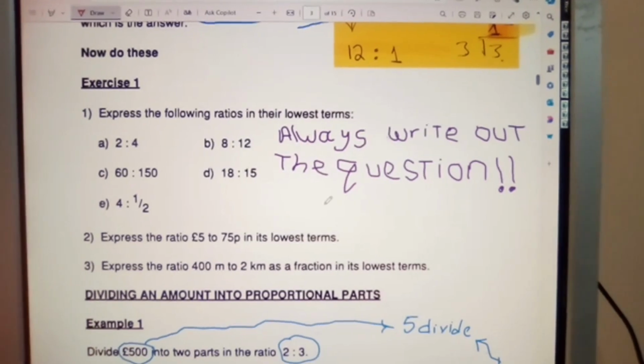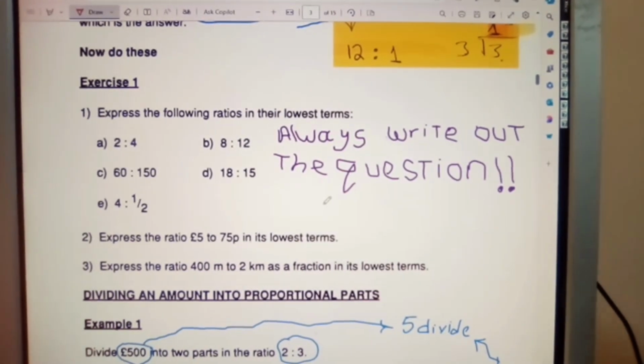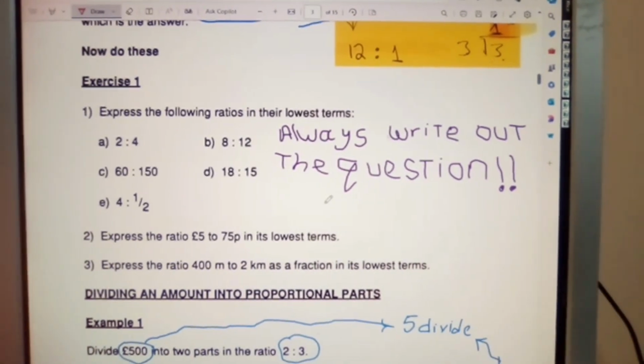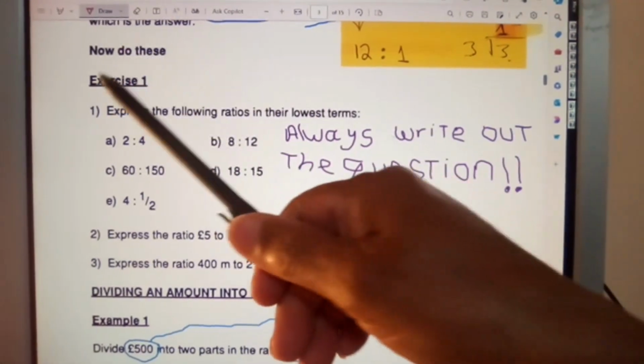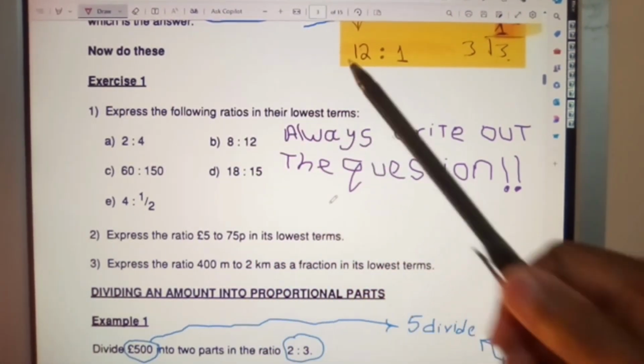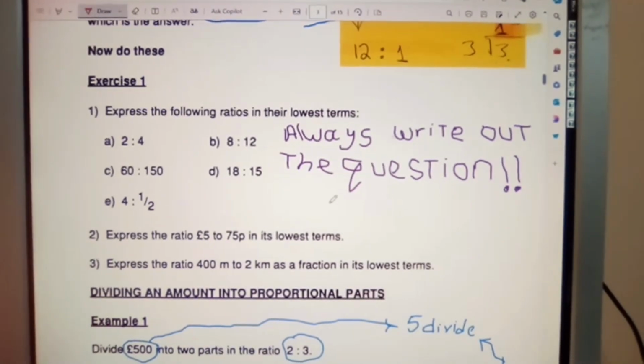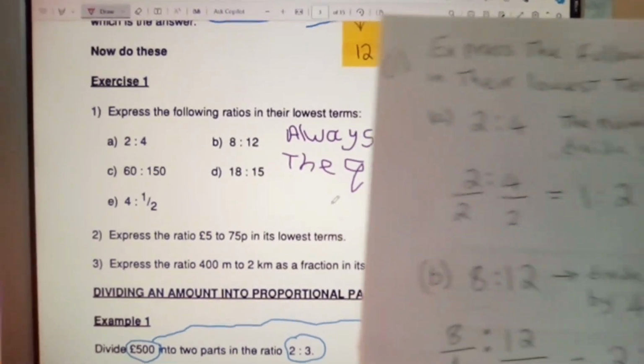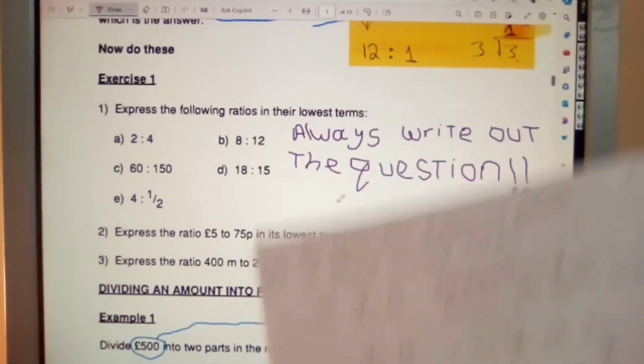Now what I've done here, I've looked at A. Exercise 1: express the following ratios in their lowest terms. What I've done here is to look at this in a written text.